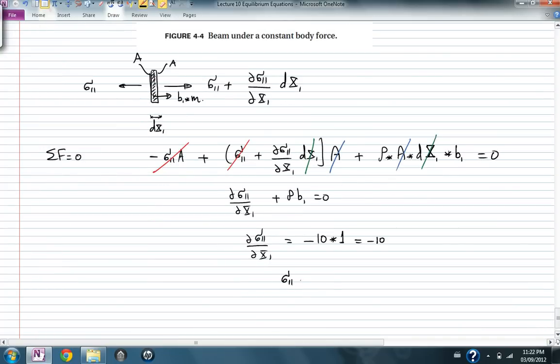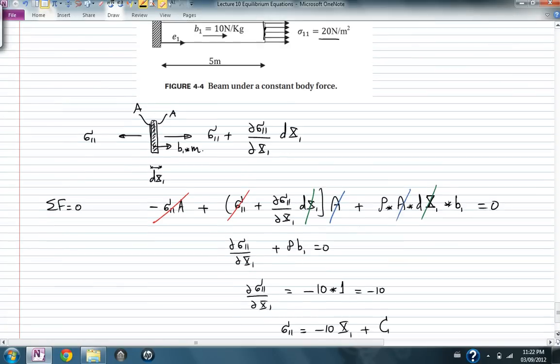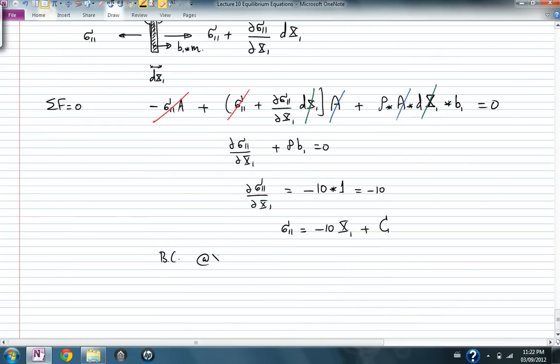So sigma 1 1 is equal to negative 10 x1 plus a constant, and the boundary condition is given as 20 when x1 is equal to L. At x1 equal to L, sigma 1 1 is equal to 20, which means 20 equals negative 10L plus C. That means C is equal to 20 plus 10L.